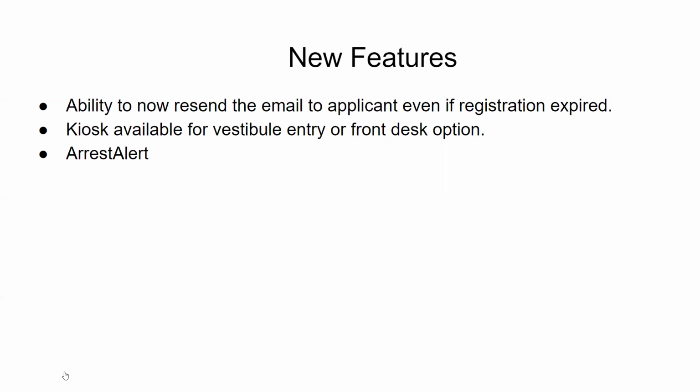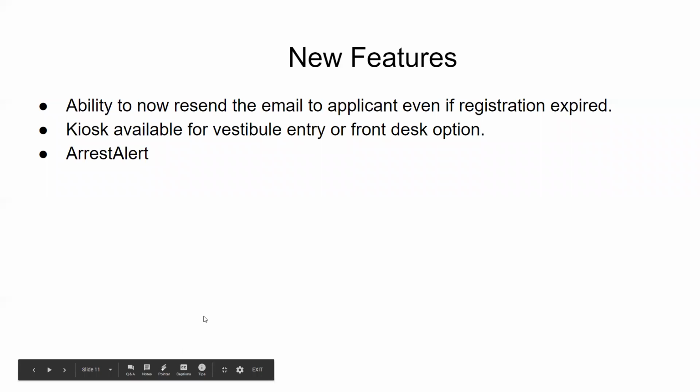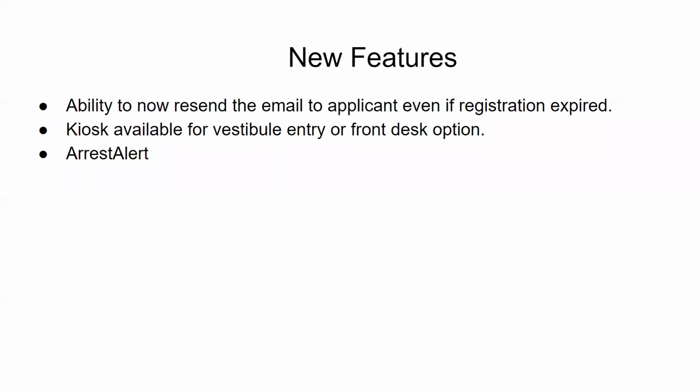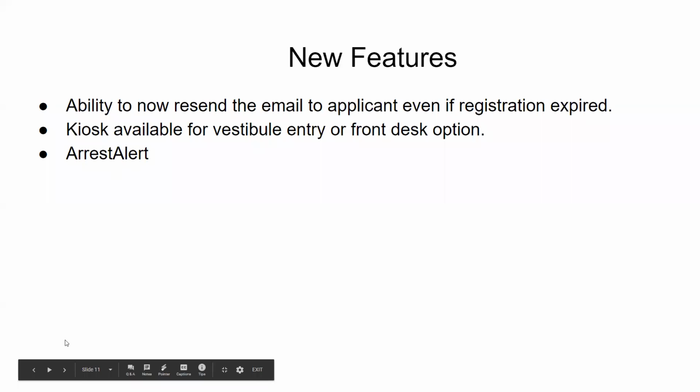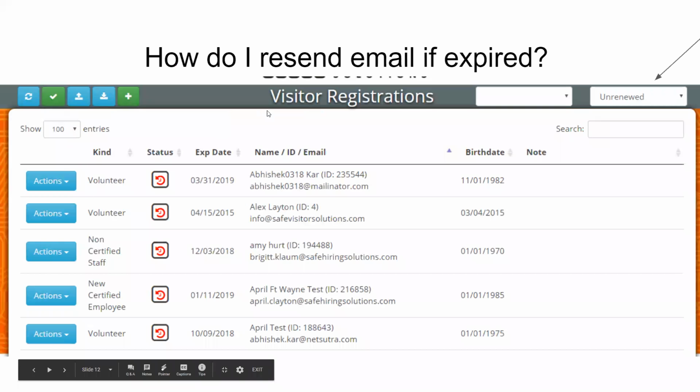I know that's a really big one for those of you that are utilizing the employment module within SafeVisitor. We have kiosks that are now available to you to use in a vestibule entry, or if you choose to use it in a front desk secretary office type of setting, you can utilize that. And also arrest alert.